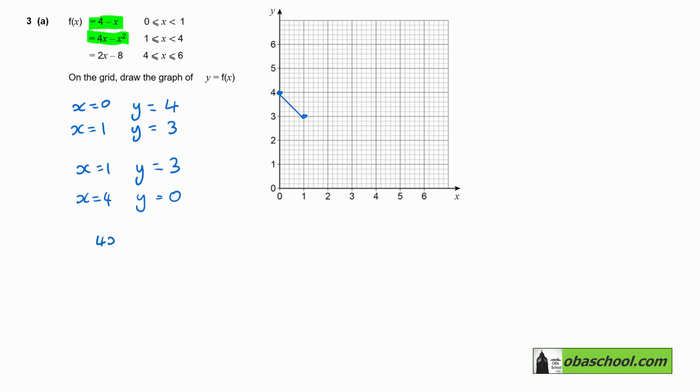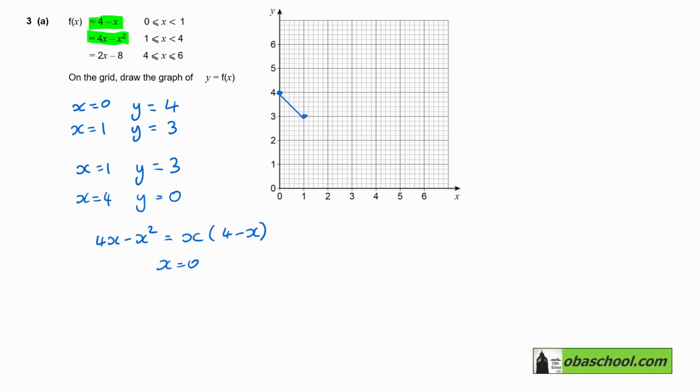And if we consider 4x minus x squared, we could factorize that as being x and 4 minus x. So that would give us that there would be x-intercepts at x equals 0, which is outside the range.